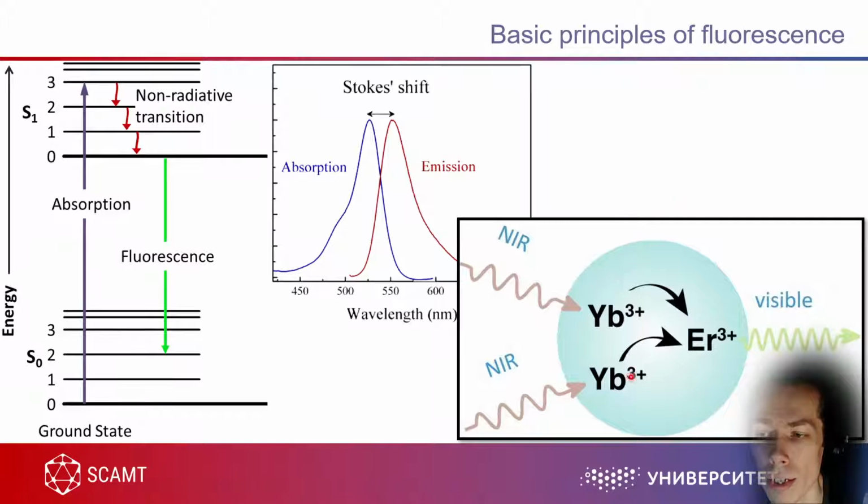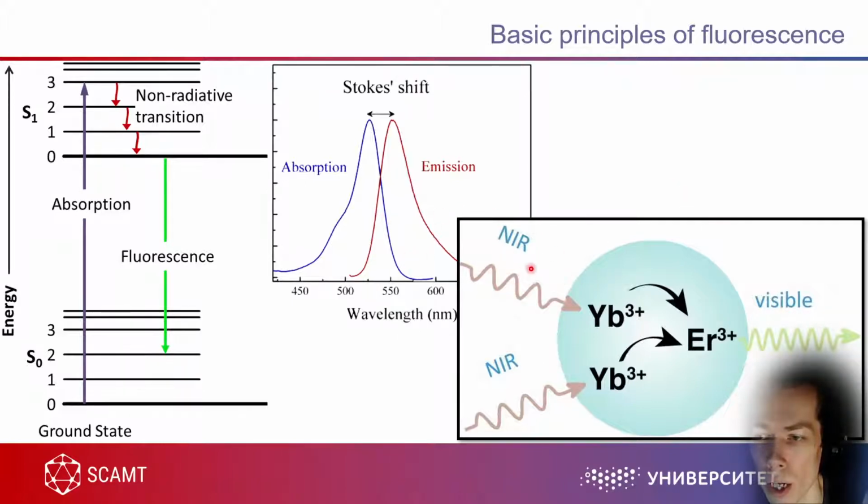So these upconversion nanoparticles are widely used when you need to transfer some energy inside a human or animal organism, because an animal organism is penetrable for near-infrared light, not for visible light.